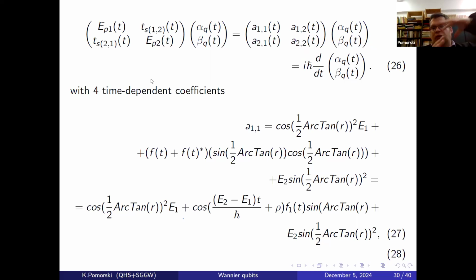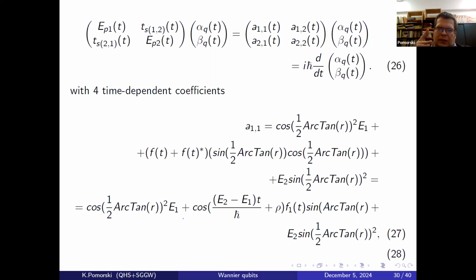If you have a Hamiltonian that describes the system in eigenenergy space, you need to rotate it by two matrices to move to this tight-binding picture. That's the procedure by which, for example, coefficient A11, the localized energy, depends on gamma, and there is eigenenergy E1 and eigenenergy E2.